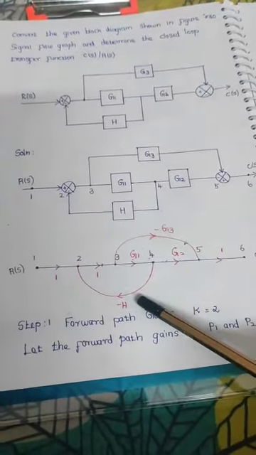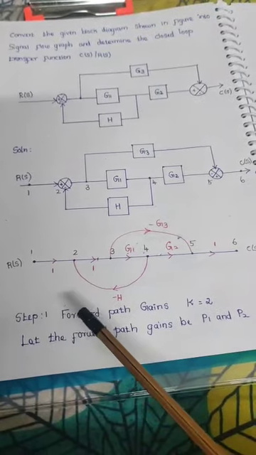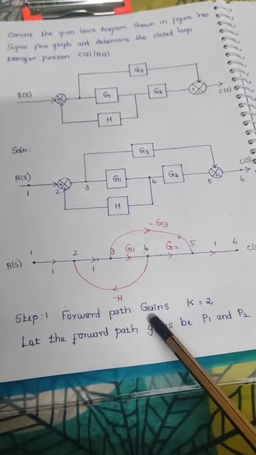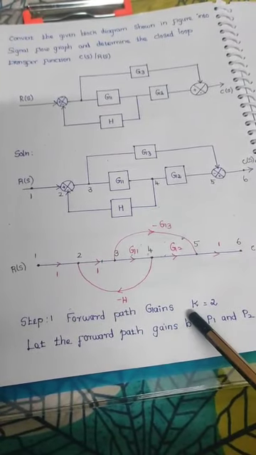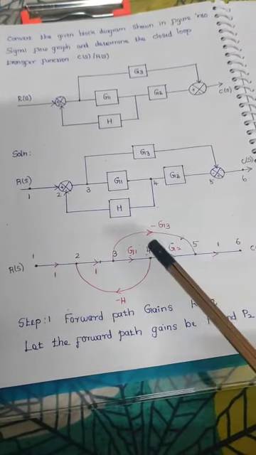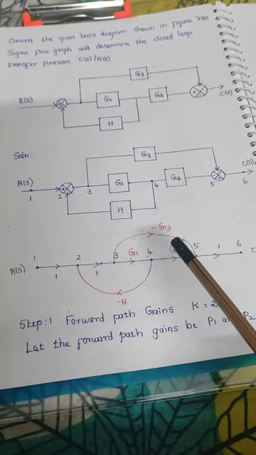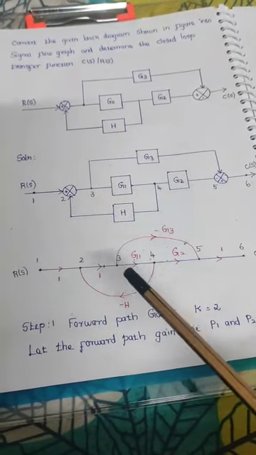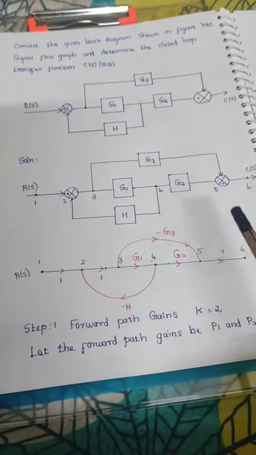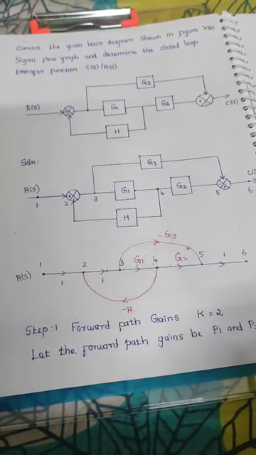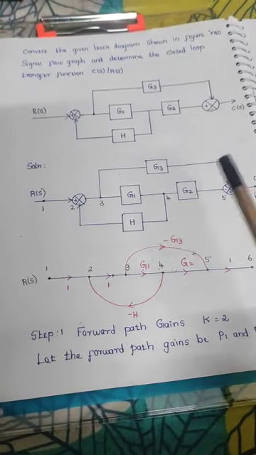Next, we move to the step 1, that is forward path gain. We will represent the forward path gain as K. In this problem, there is 2 forward path. How will you find that forward path? Forward path means from starting to ending, there is only one way, but not backward.